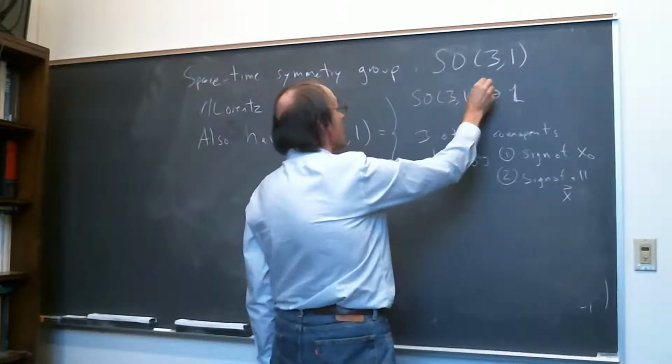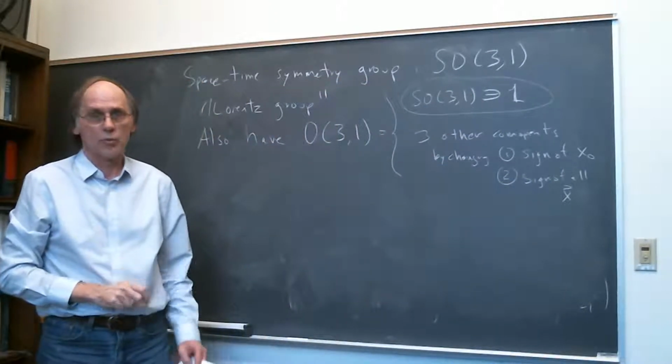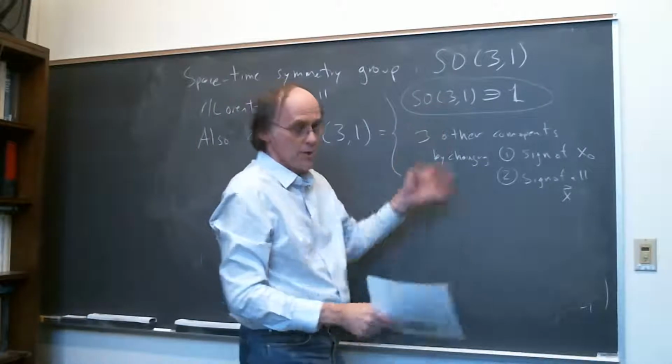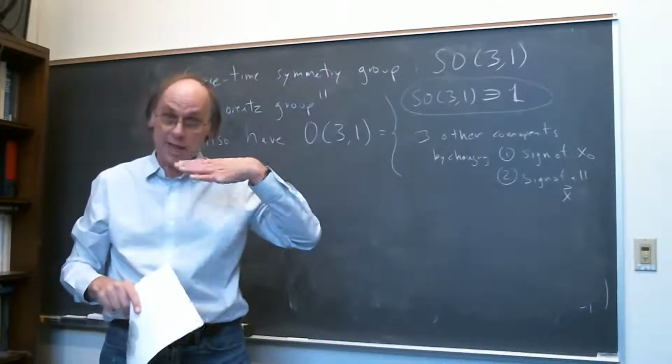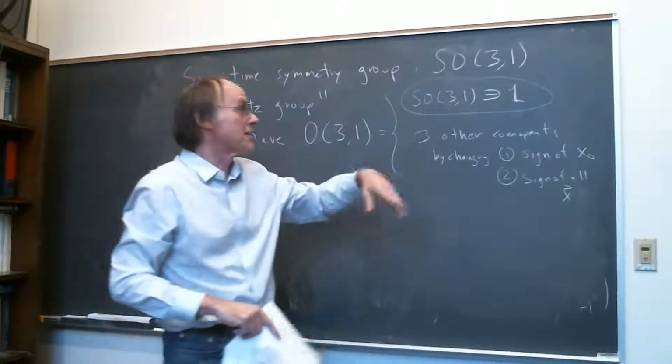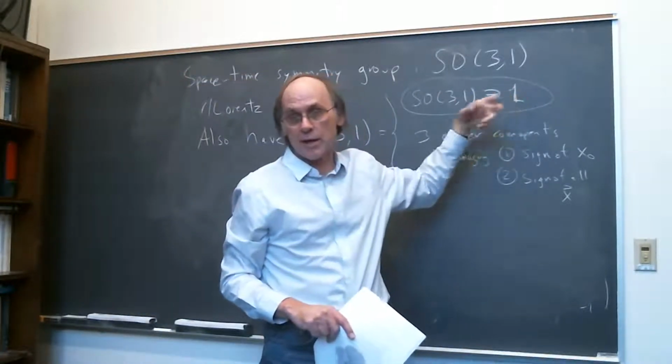Okay. But I'm pretty much going to avoid talking about these. I'm always going to be talking about this guy. One of the reasons is that pretty much all the methods that I'm interested in working with are the algebra methods, and so they're based upon looking at what happens infinitesimally close to the identity.